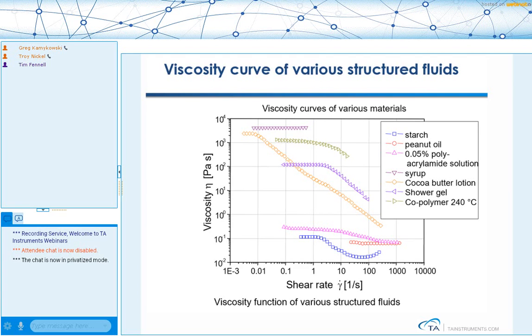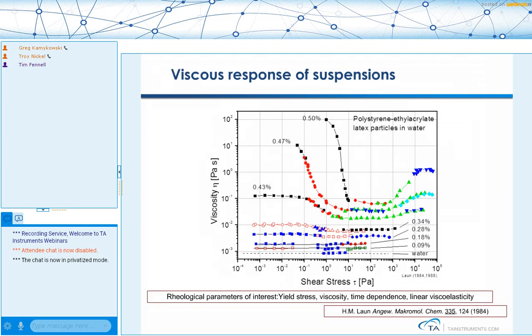And one of the things interesting here is the starch mixture. It starts out Newtonian, then it shows some shear thinning, and then it shows some shear thickening behavior, which is an interesting property of starch and some other materials as well. But generally, we see shear thinning behavior with polymeric materials.